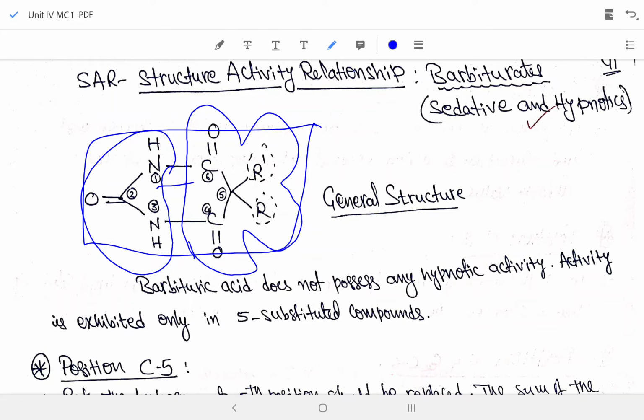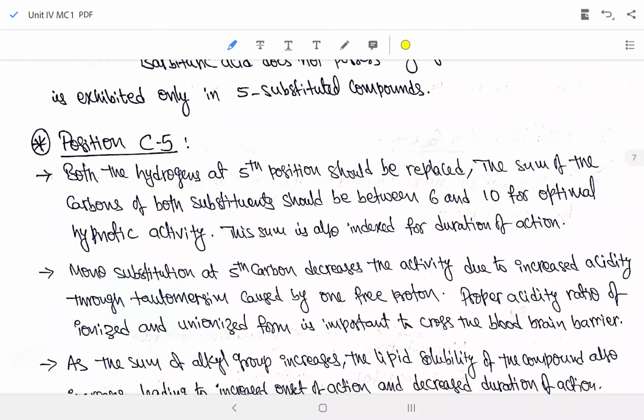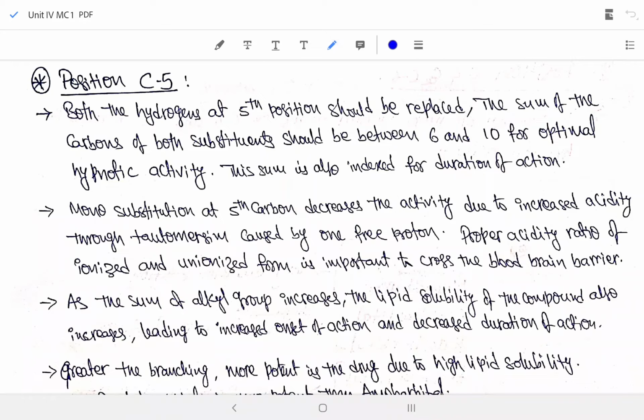See, normal barbituric acid doesn't have any hypnotic activity. Okay. When the fifth position is substituted, only then will it show some hypnotic activity. Both hydrogens at the fifth position should be replaced. The sum of the carbons of both substituents should be between 6 and 10 for optimal hypnotic activity.